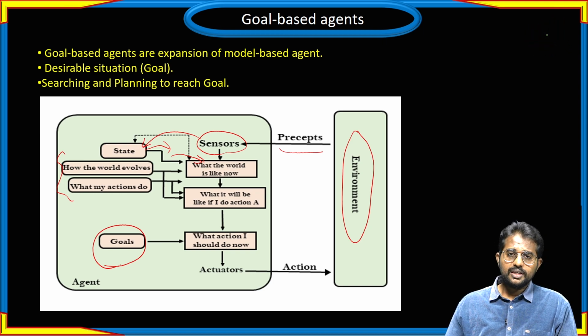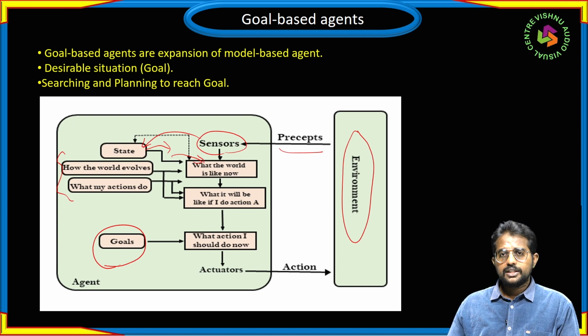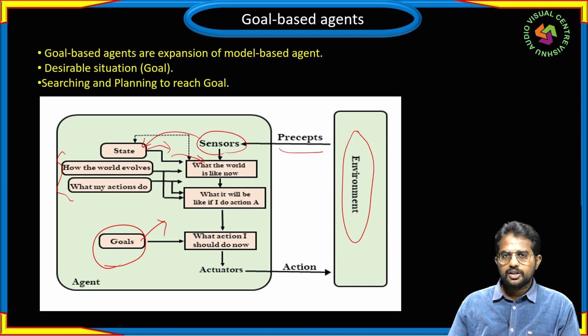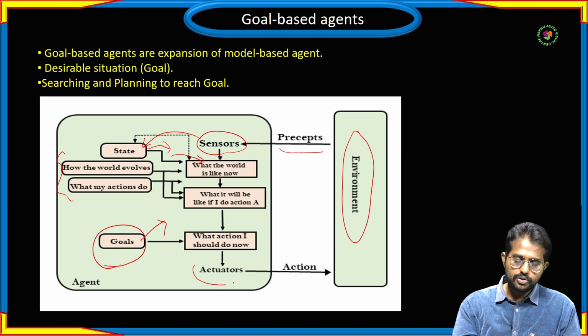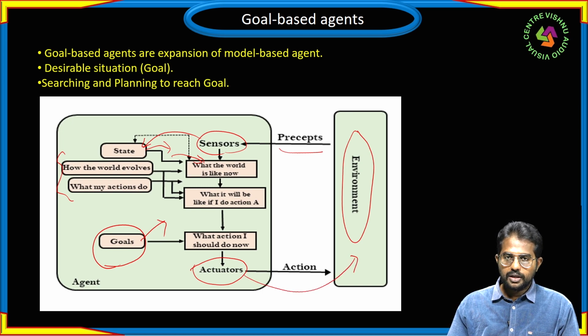From the list of possible actions, using this goal function, I will check by performing which action I can go nearer to the goal node. I will select that action only, and perform it using the actuators in the environment. After doing that action, I will go nearer to the goal node.